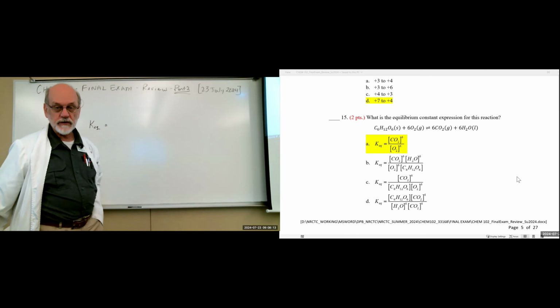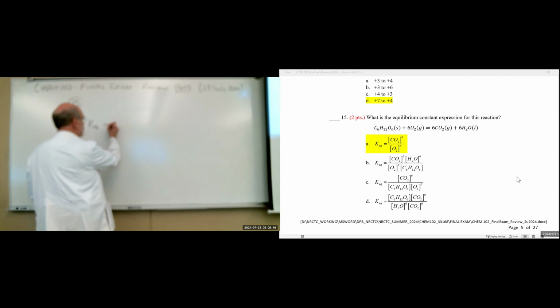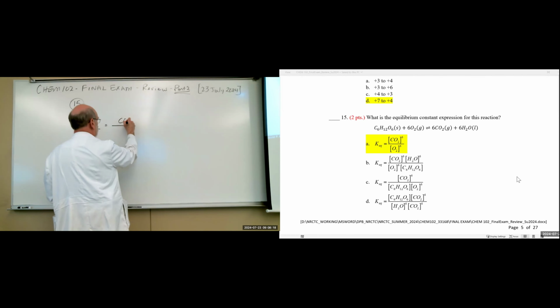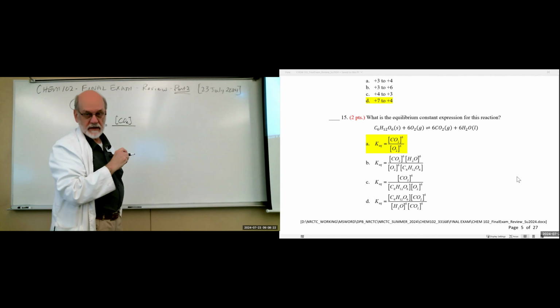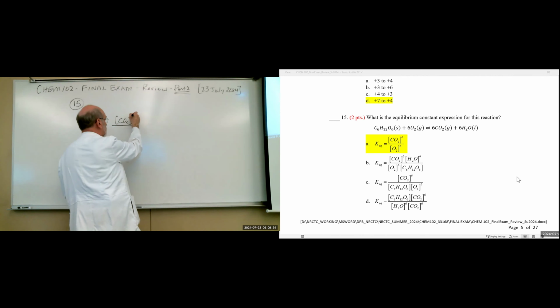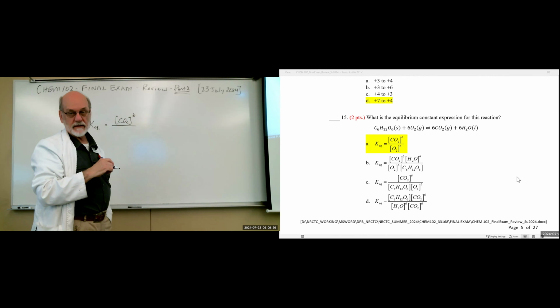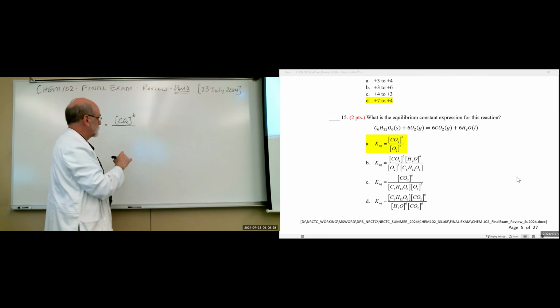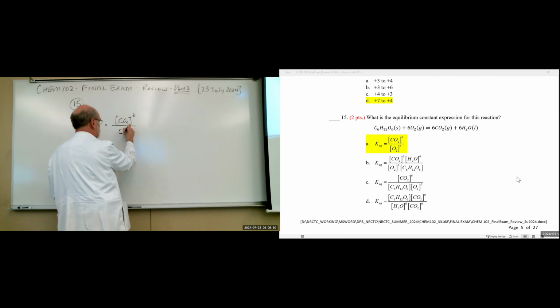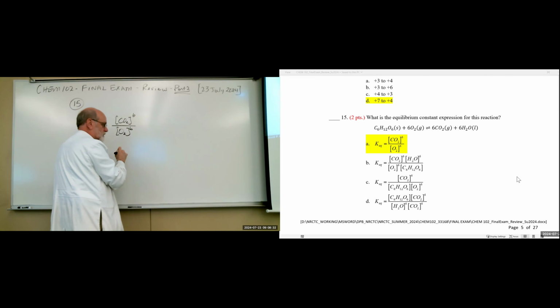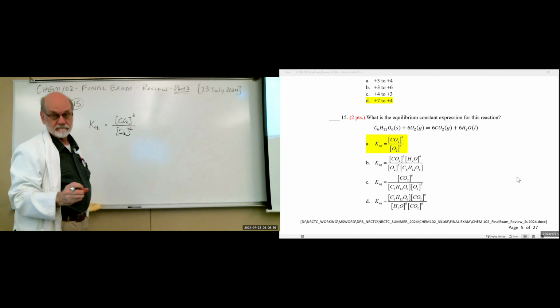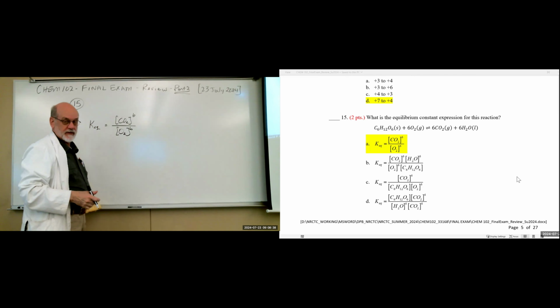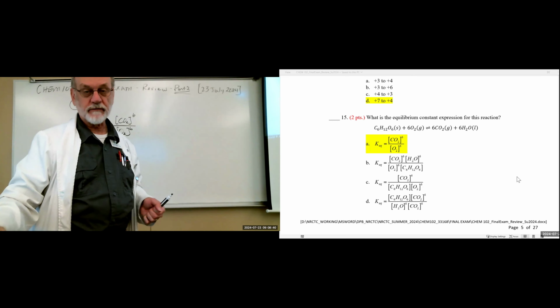So we have CO2 in the numerator to the 6th power, and O2 in the denominator to the 6th power. That's the equilibrium expression for that equation.